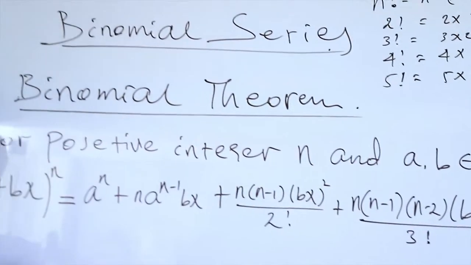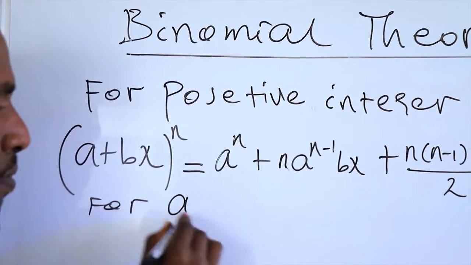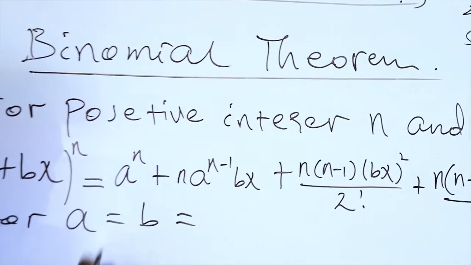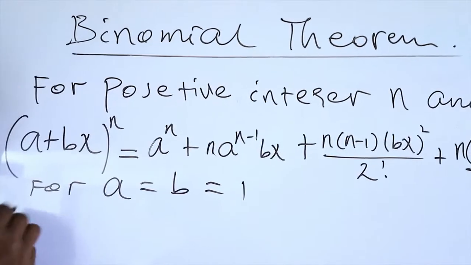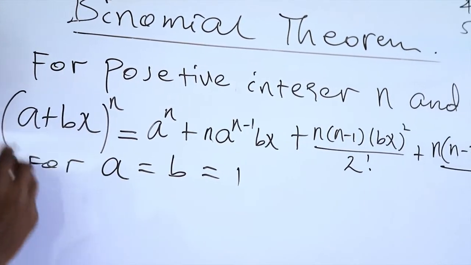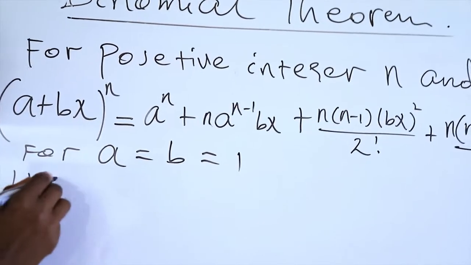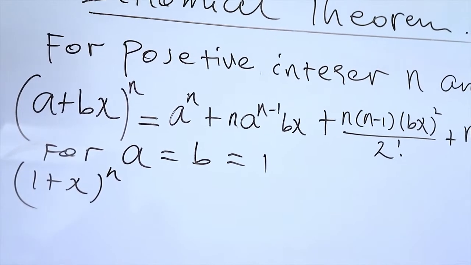Having this in our mind, since a and b are any real numbers, if a and b are exactly equal to 1, what will happen here? Instead of a is 1 and instead of b is 1, so the expression (a + bx) to the power of n becomes (1 + x) to the power of n.